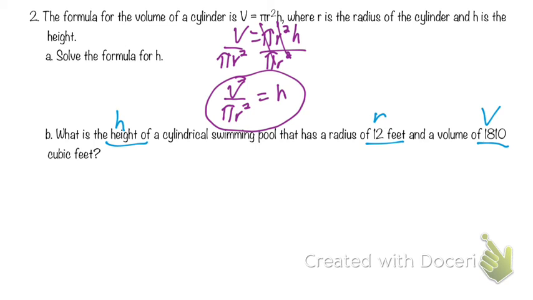Do we already have an equation that's solved for H? Yeah, so let's use this equation, V over pi r squared equals h. And let's plug in what we know to that. So v is 1,810, pi is pi, and r is 12. So 1,810 over pi times 12 squared is equal to h.